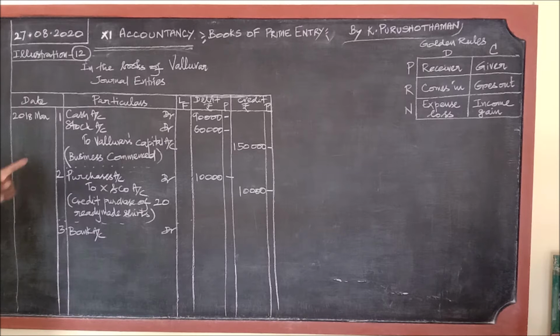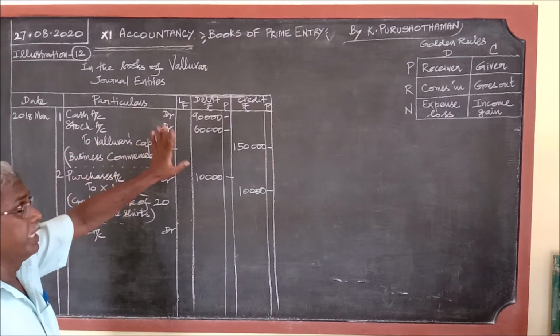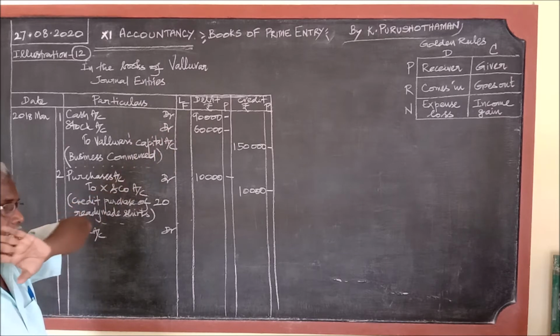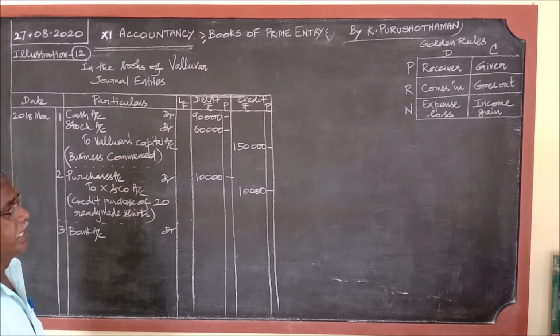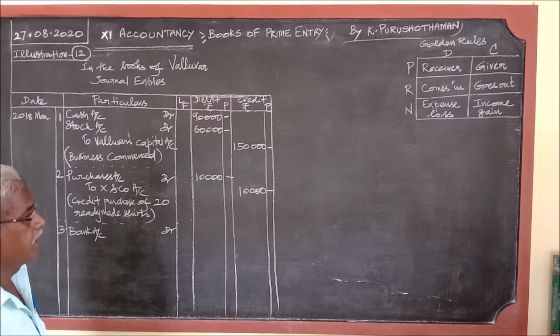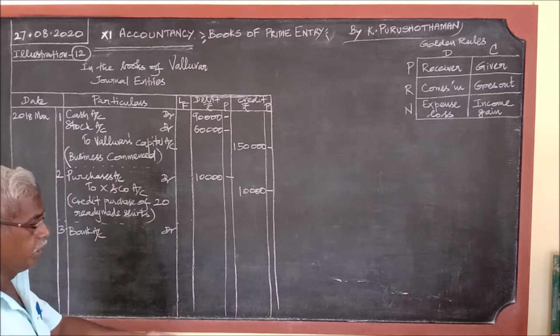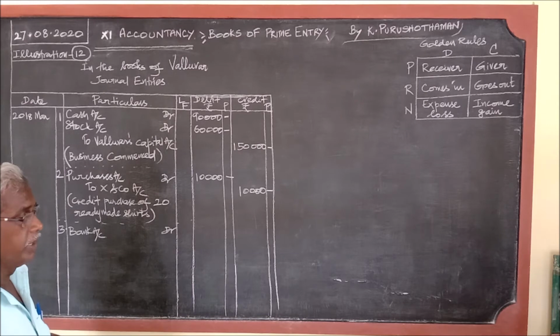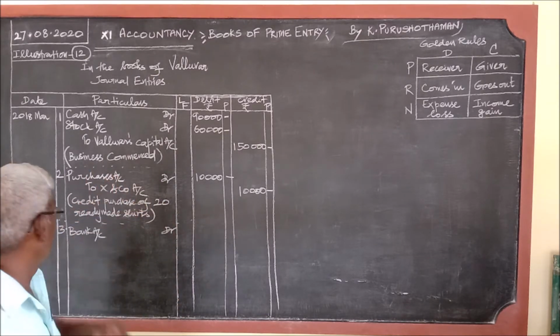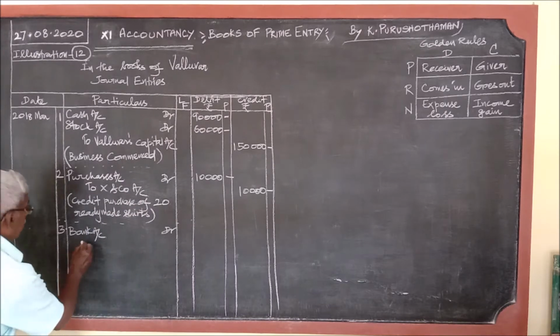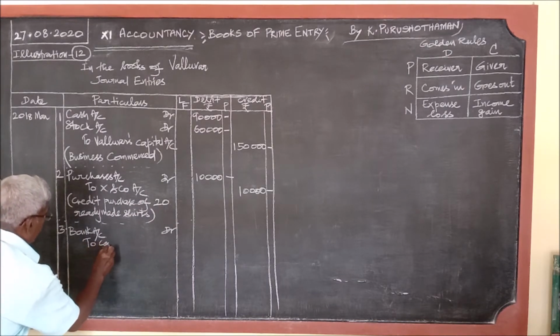So what goes out? See the second rule. First, no giver; for the giver, no answer in the question. What goes out? Cash goes out. Whether it is deposited in the bank or into the deposit machine, whatever it is, cash goes out. So bank account debit to cash account.